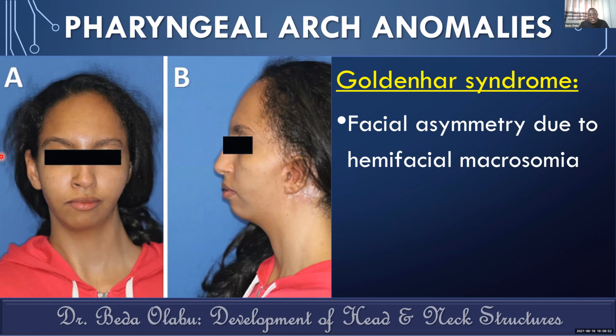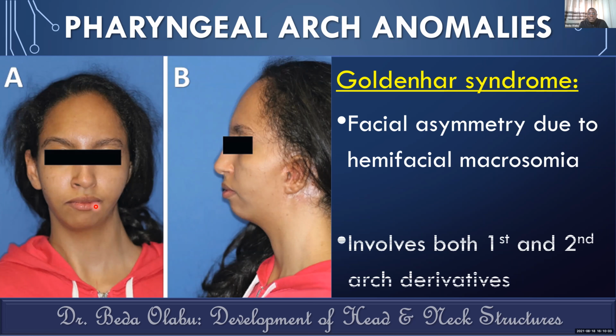Like in this lady here, the right face seems to be bigger than the left face. So they have facial asymmetry. Now, Goldenhar syndrome affects both the first as well as the second pharyngeal arch derivatives. Those are the ones I want to talk about.